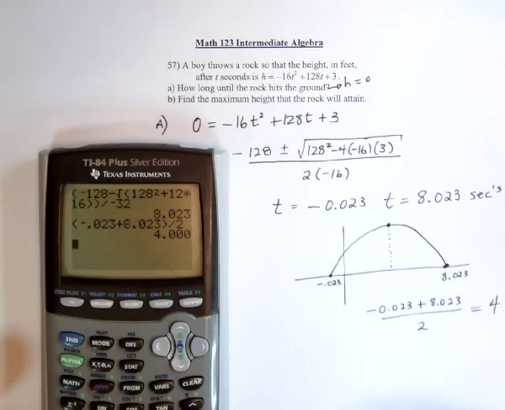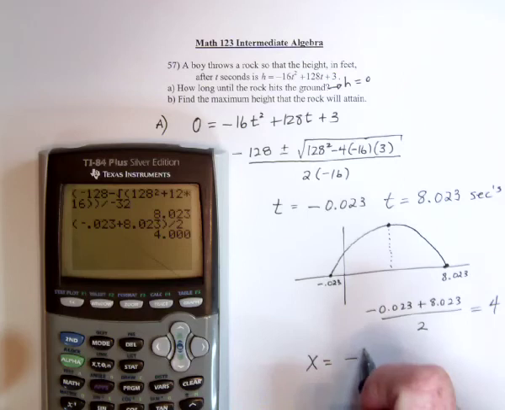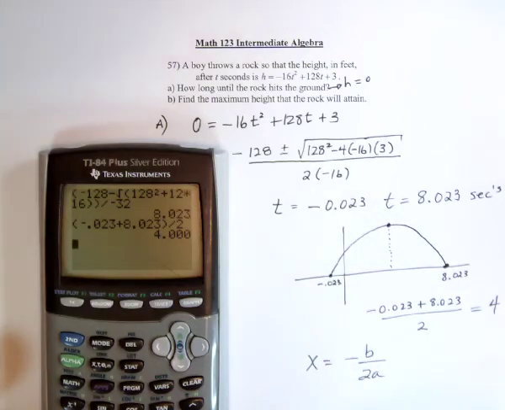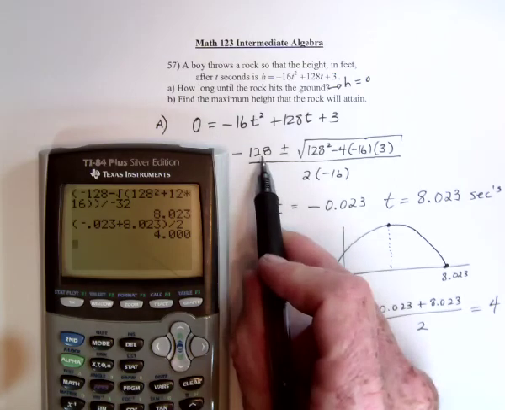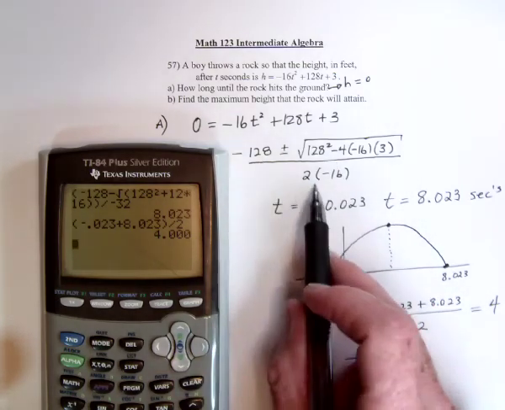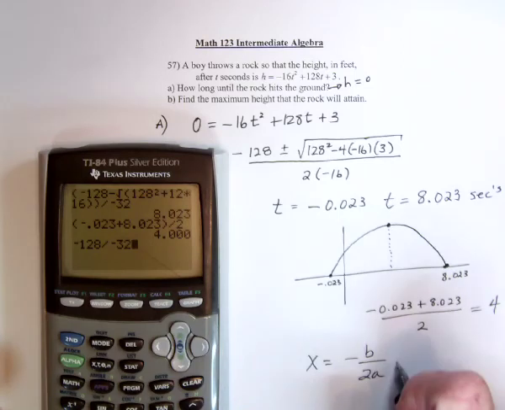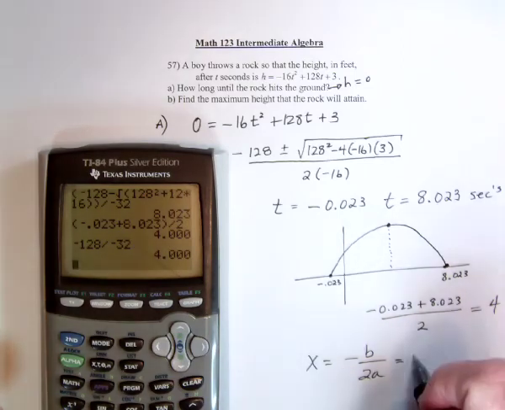4.0. Another way to do that is use the formula x equals negative b over 2a, which actually comes from the quadratic formula, but it's only this part and this part without the radical. So if I take this divided by this, negative 128 divided by negative 32, ta-da, same thing, the 4.